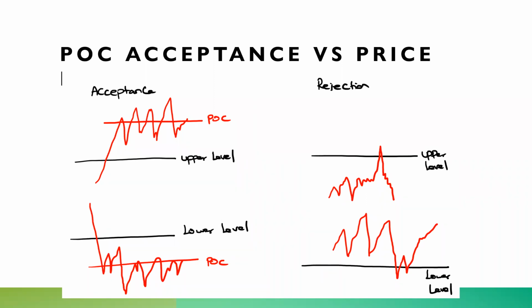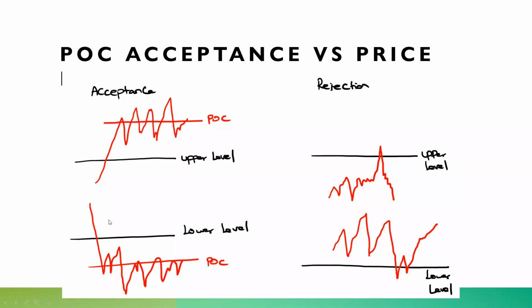All right, so when it comes to acceptance and rejection, let's say I have an upper reference level. Look at the first example. Price is breaking the upper reference level and building point of control above the upper reference. I'll call that an acceptance above the reference.